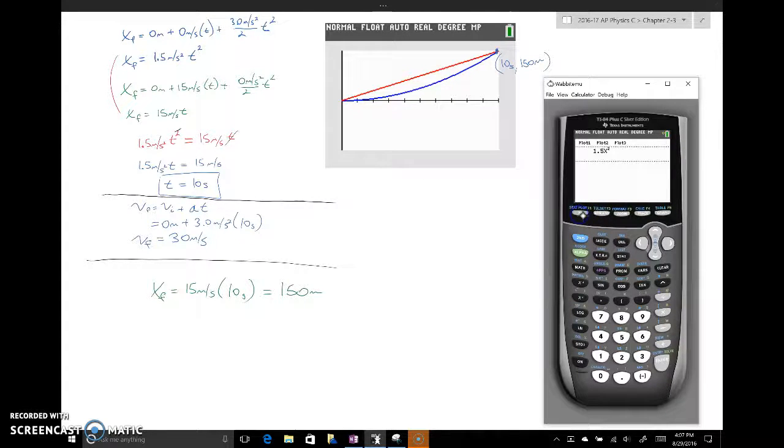We could also graph velocity time functions, and so in this case the velocity function for the officer was 3.0 times time, and the velocity function for the motorist was just a constant 15.